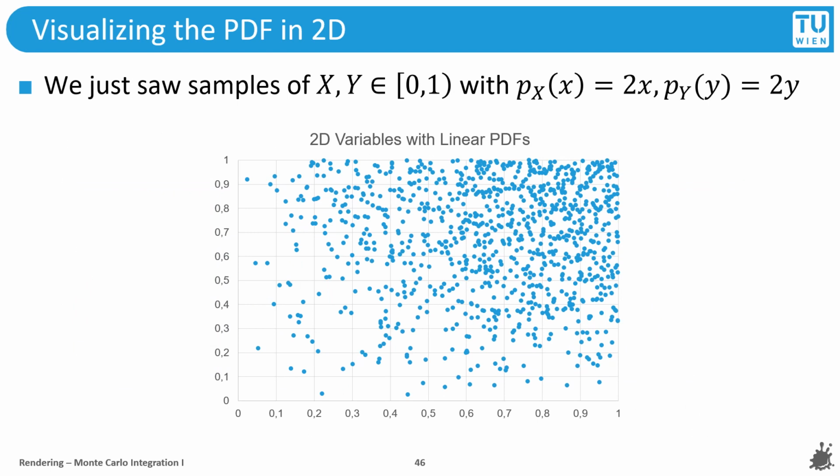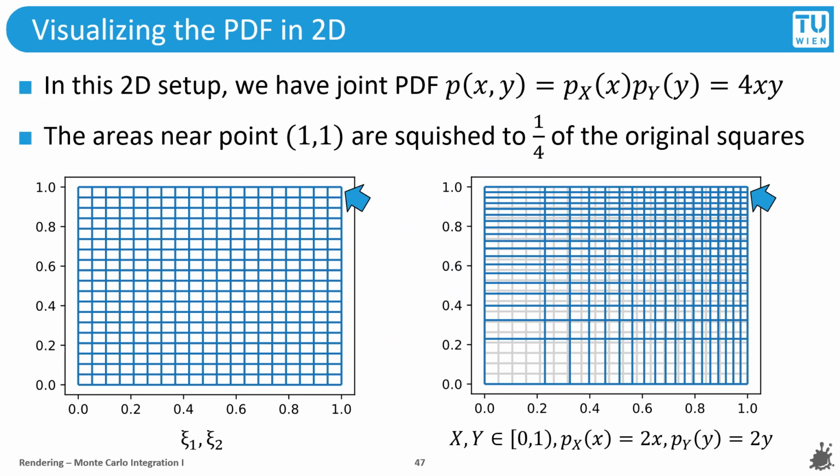Now remember that just before we saw samples for random variables x and y, where we had p_x of x is 2x and p_y of y is 2y, so a linear PDF for both the x and y random variable. Now, because it is a two-dimensional setup, we have a joint PDF p of x and y. And in this case, because the random variables are independent, we have p of x and y is equal to p_x of x times p_y of y, giving 4xy.